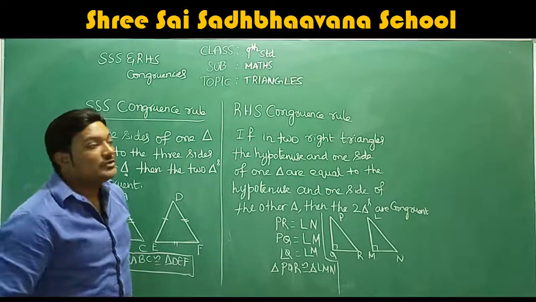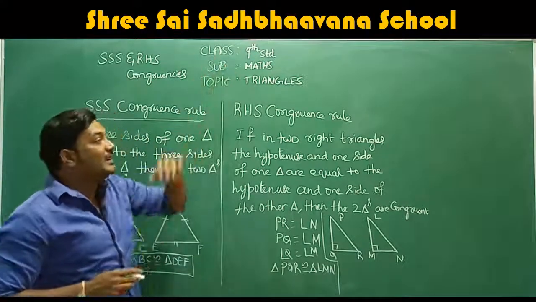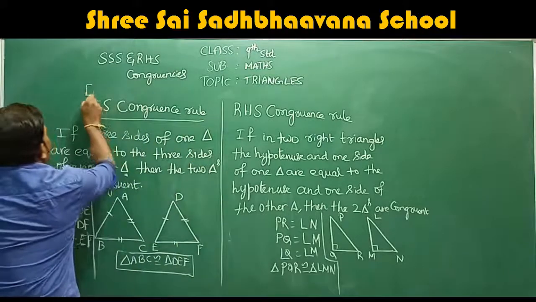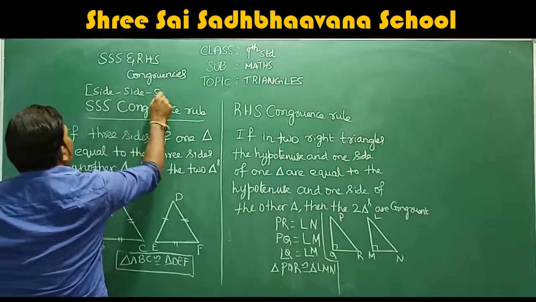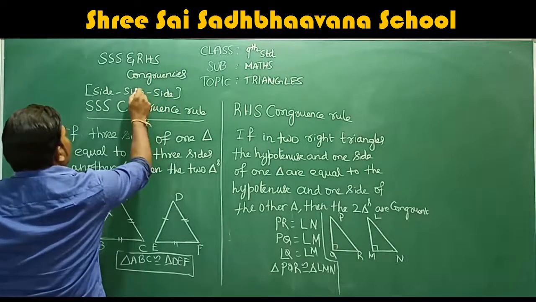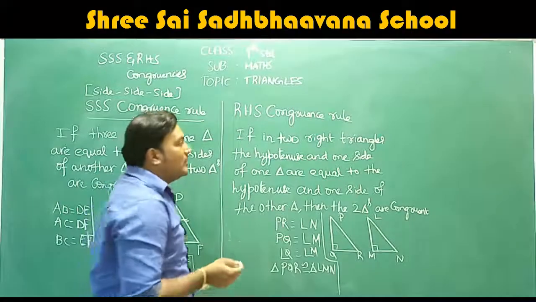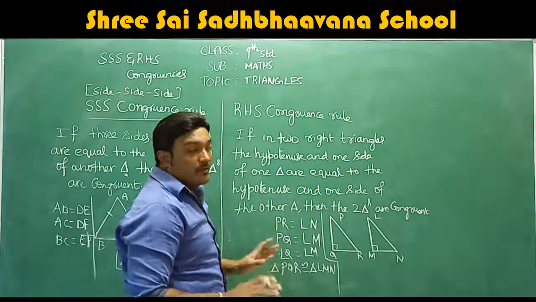Next, coming to the next rule, the RHS congruence rule. See, the name says RHS. Here we can write side. So many people will get confused: RHS means right hand side, not like that, right?